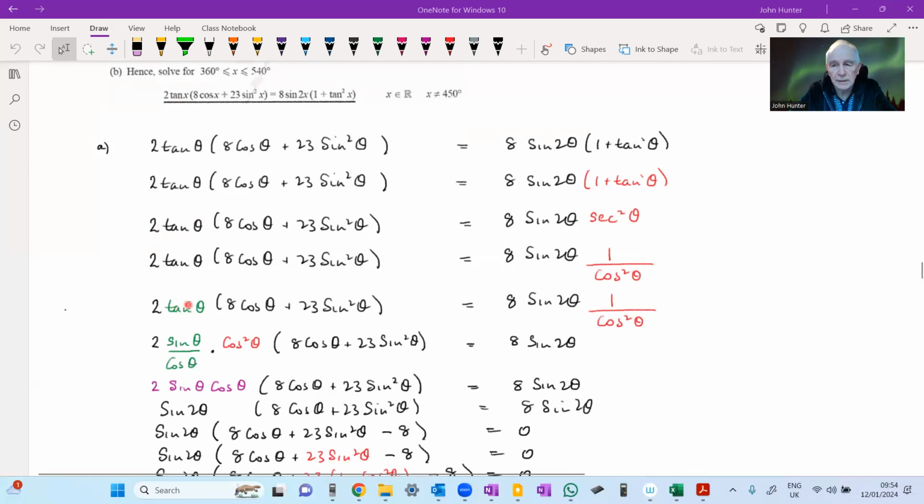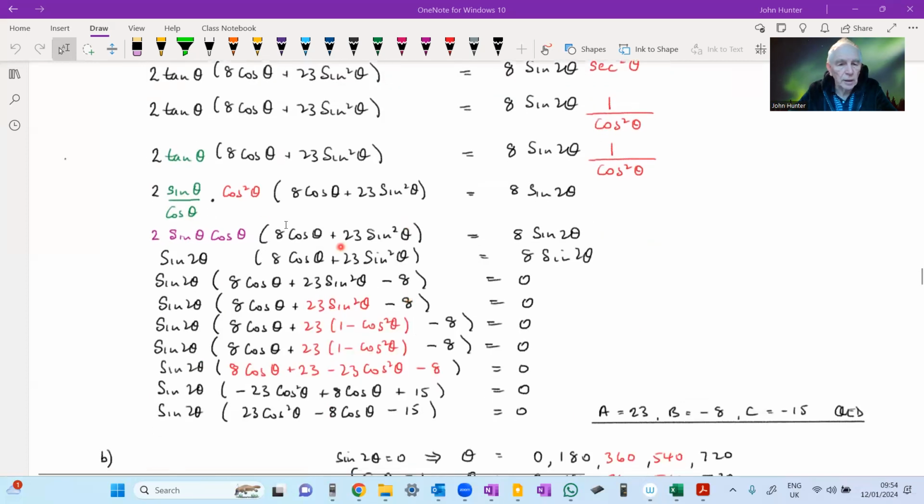I'm going to convert that into sine theta over cos theta. At that point, we're going to cross multiply, multiplying both sides by cos squared theta to give us this.